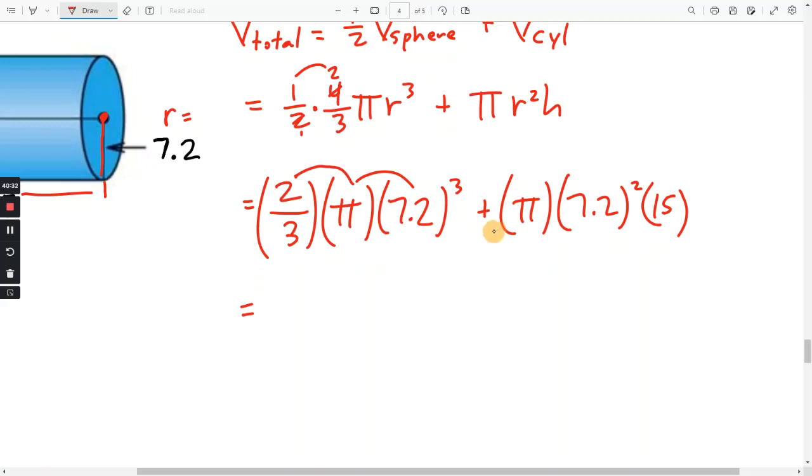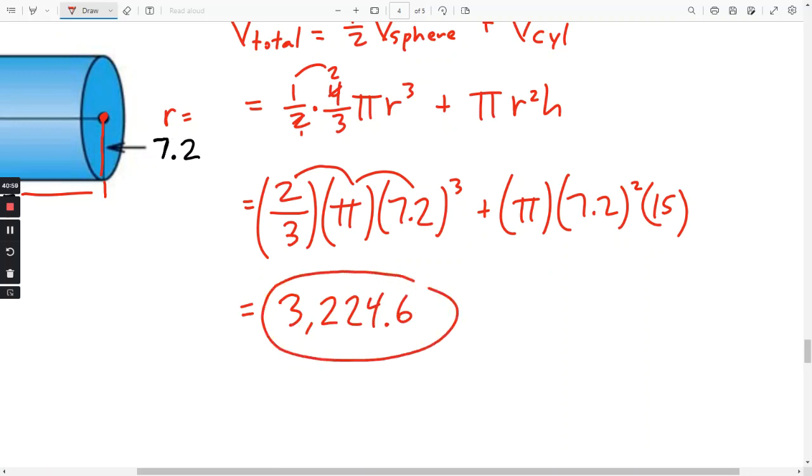Now you take that answer and do plus pi times 7.2 squared times 15. And if I did it to one decimal, I get 3,224.6. Alright, whatever the units would be, they would be to the third power because it's a volume.